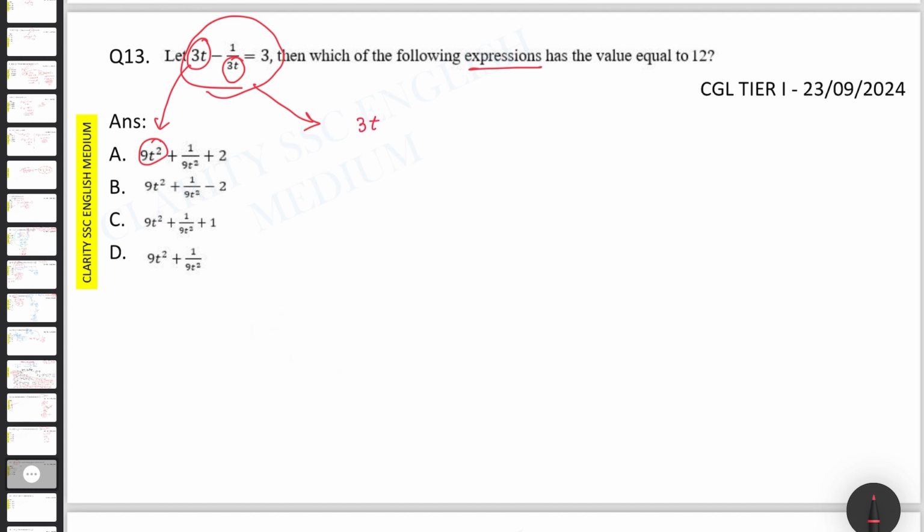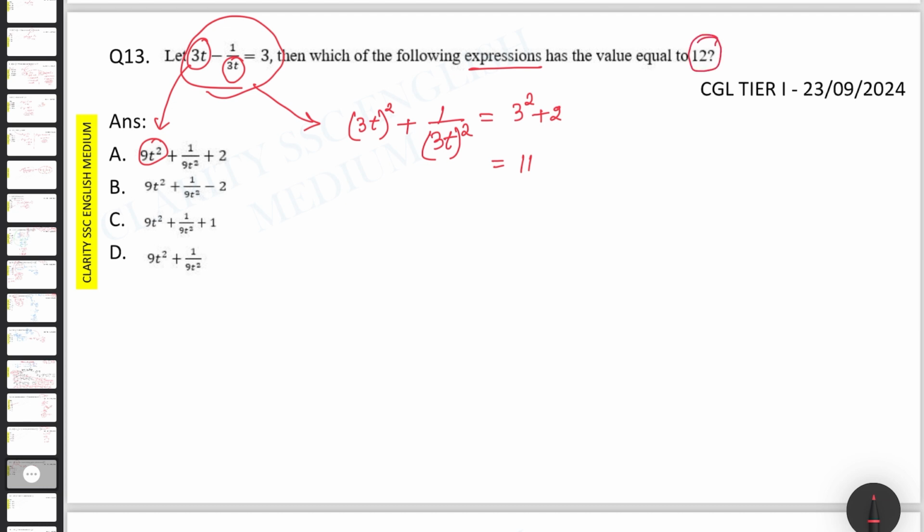3t square plus 1 by 3t square will be n square plus 2. This one is minus, so it will be plus. Minus will come with plus. So 3 square plus 2 is the correct answer. So this one is 11. Again, which expression will become 12?